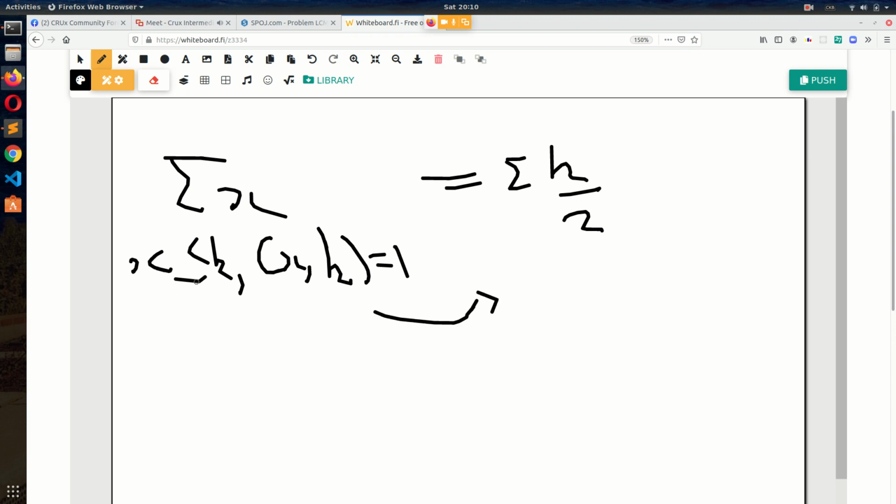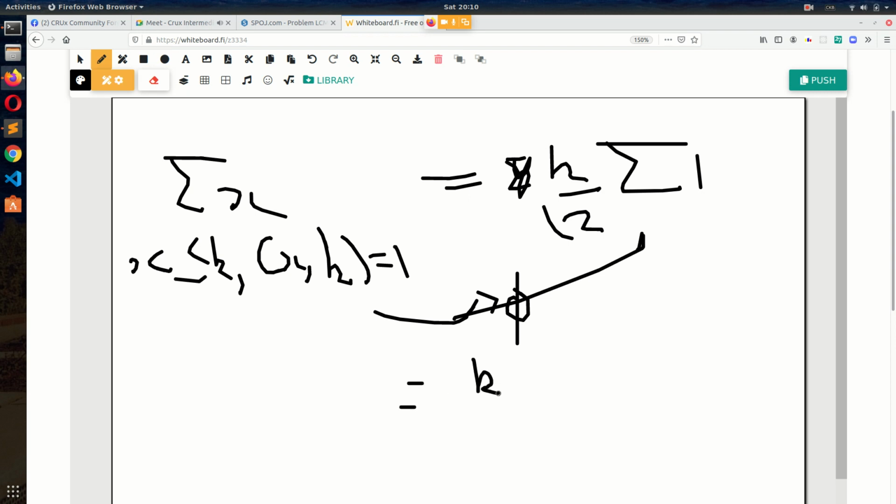And now if you notice this property, this rings a lot of bells here. This is equivalent to phi of k, since this is a constant value, this will become sigma of 1 with this property over here, and this value is exactly equal to phi of k.